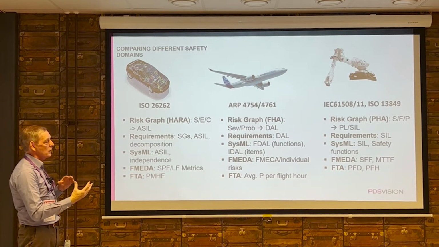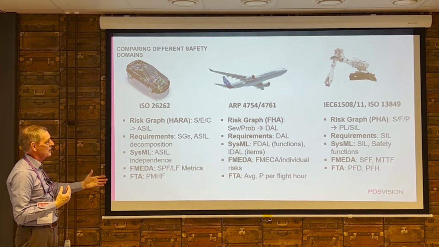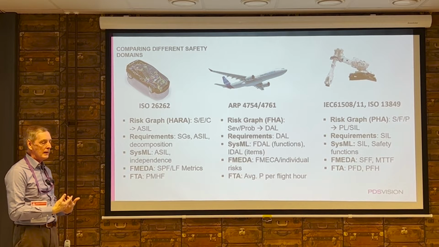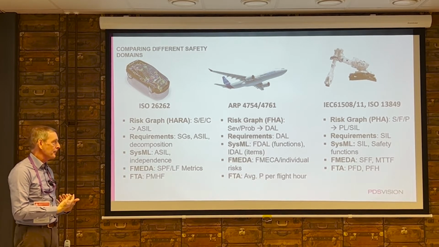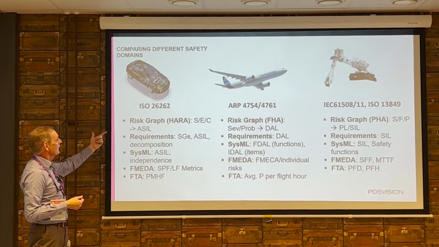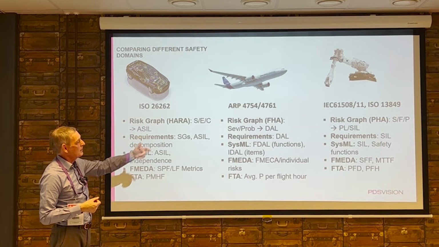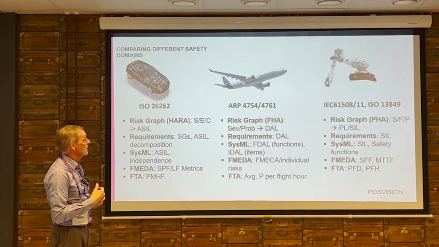There's lots of terms that are used and it gets very complicated. So we've provided a list of terms here. They all have the same meaning; they're just described slightly differently. Your safety integrity level for the car industry is known as ASIL. In IEC 61508, it's known as SIL, so safety integrity level.